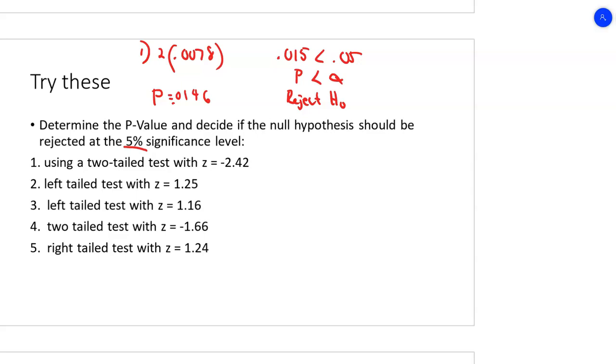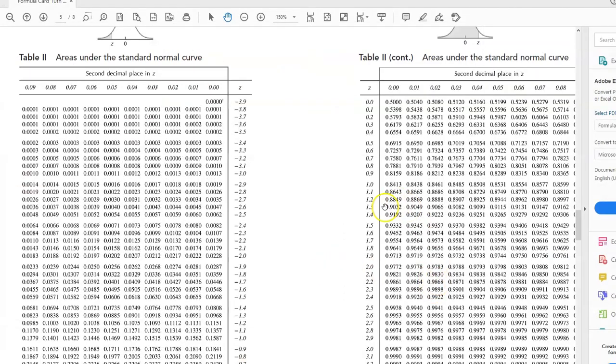All right, how about this one over here? I can already see where this is going just by looking at it. It's a left-tailed test with z equals 1.25. So z equals 1.25 is to the right of the mean. So this thing has got to be way above any probability we're likely to accept. So left-tailed test with z equals 1.25 means I actually have to go onto my z table at 1.25 and read it across.